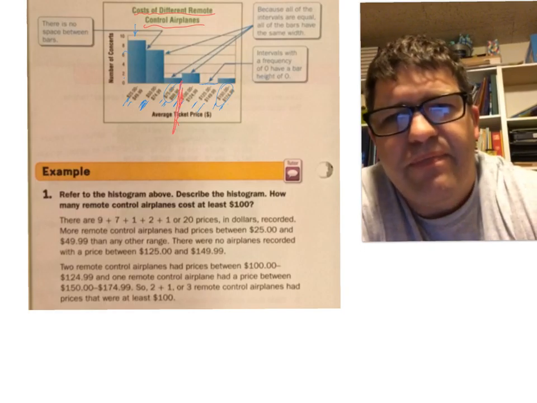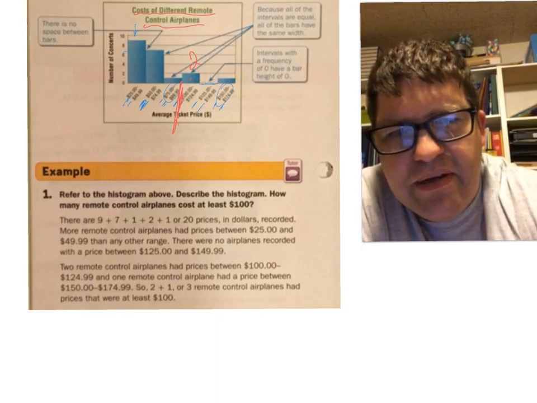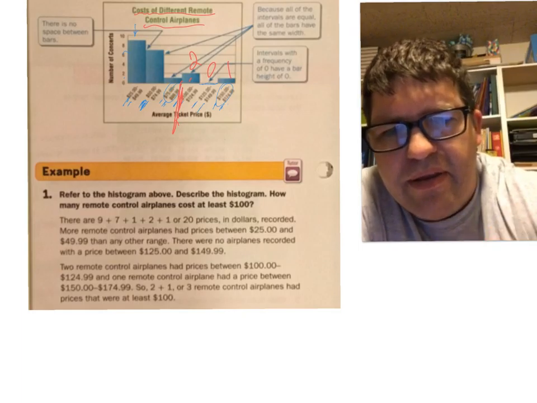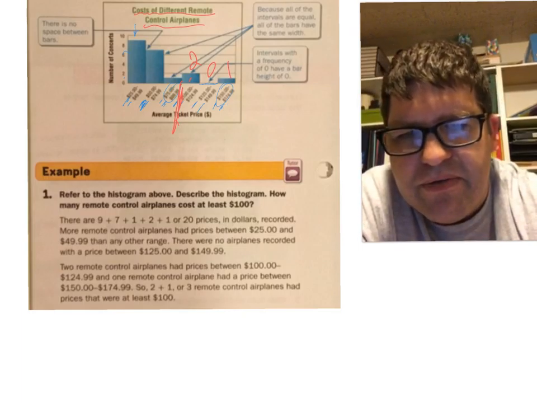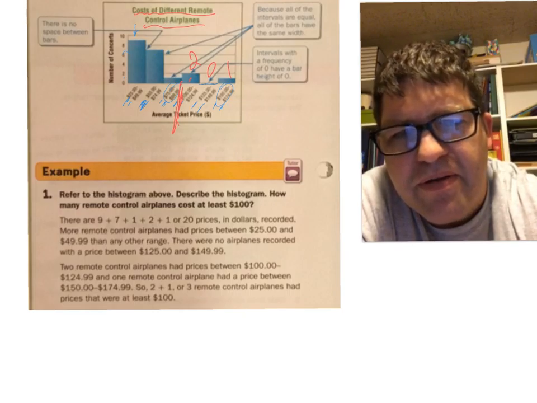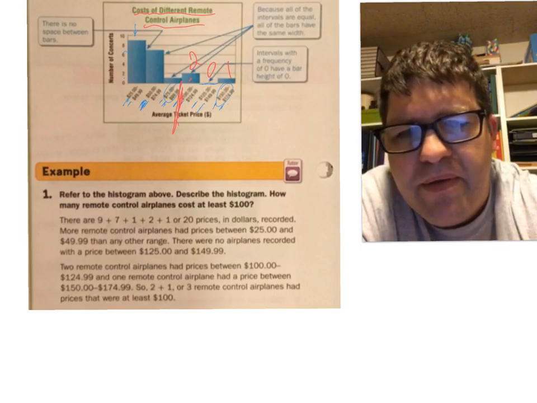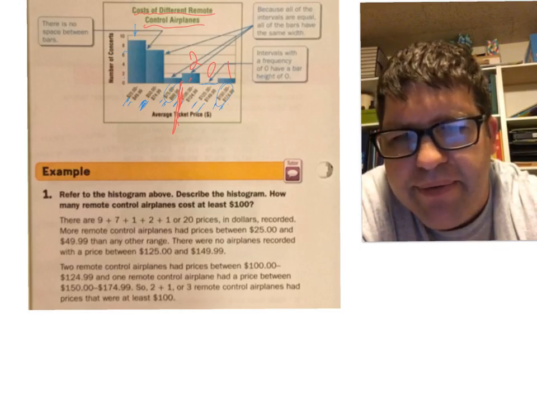So we're right here. So we've got to figure out how many is this. There's 2 there, there's 0 there, and there's 1 there. So how many remote control airplanes cost at least $100? I would say it would be 2 plus 0 plus 1, which is 3.